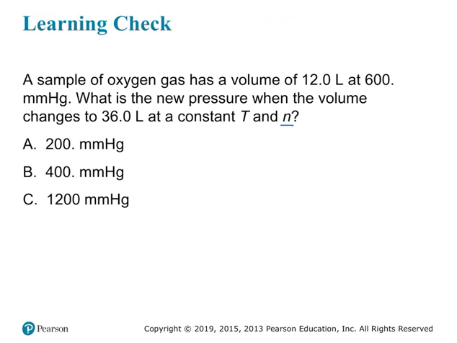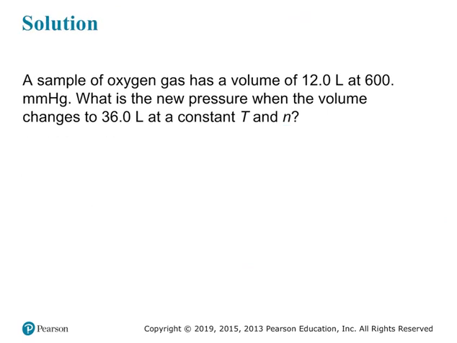Okay. So again, I'm going to write out what we're given. So it looks like we have our initial volume and pressure. So V1 is equal to 12 liters. P1 is equal to 600. millimeters of mercury.